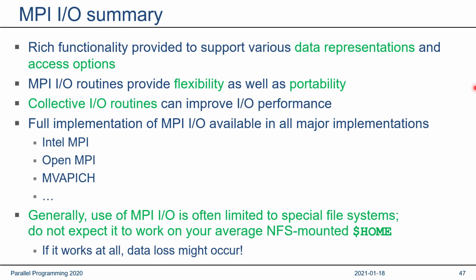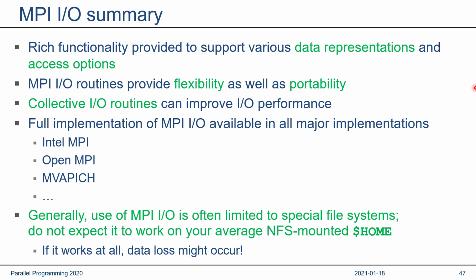So wrapping it up, MPI-IO has a very rich functionality supported by different data representations and access options to files. So it's really, really flexible and portable. MPI-IO has collective I/O routines as well as individual non-collective I/O routines.